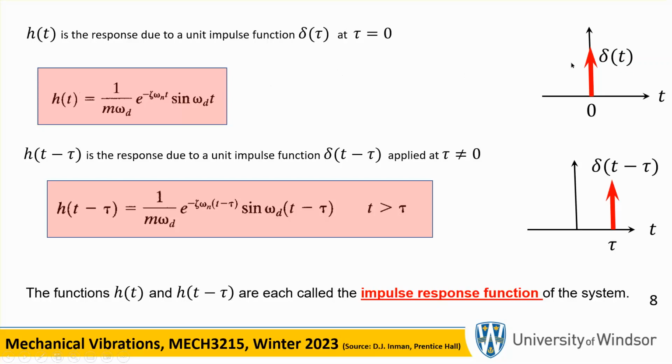Your f hat is here. You look at this, f hat is 1. That's why I put a 1 here. And this is called sometimes the unit impulse response function, but I'll leave it like this, impulse response function, okay? And in the event that the impulse is applied at a different time, then we just shift everything by tau.